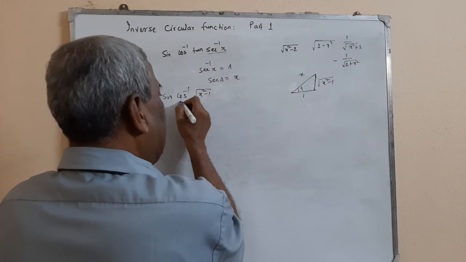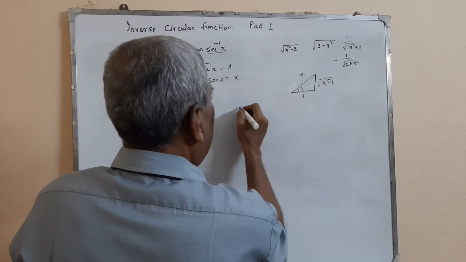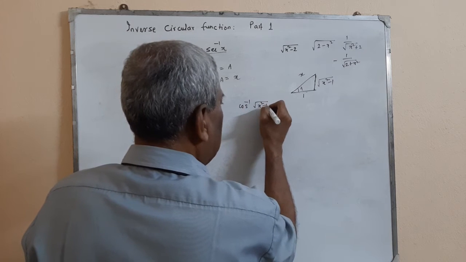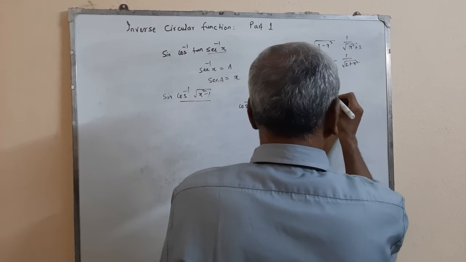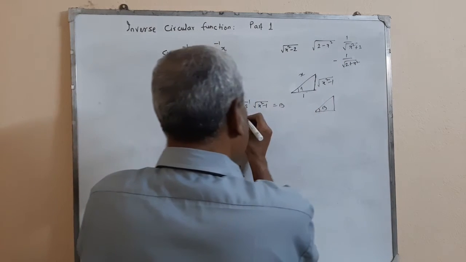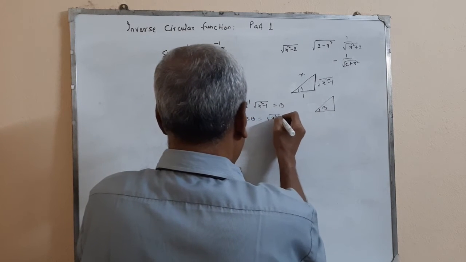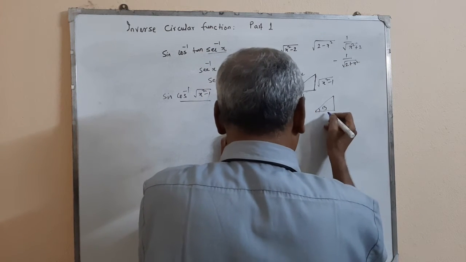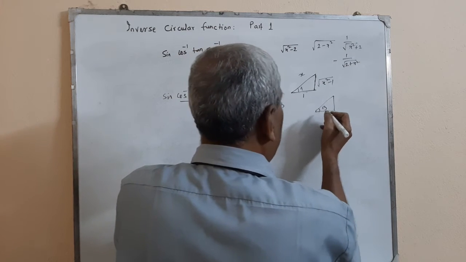Once again, we get another inverse function. Let cos inverse root over of x square minus 1 be equal to b. So if this angle is b, cos b is equal to root over of x square minus 1, base divided by hypotenuse.